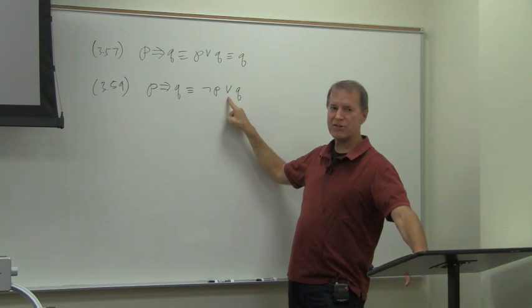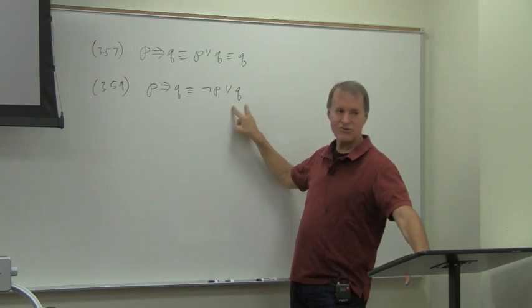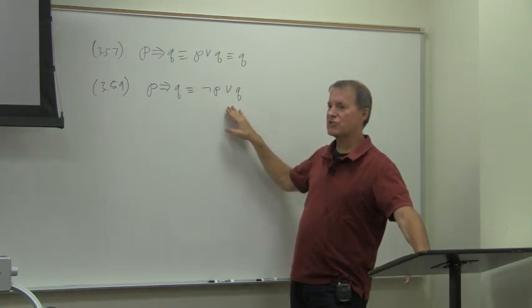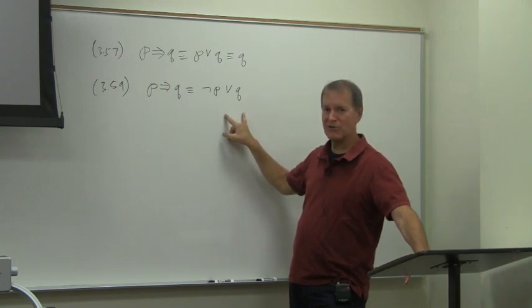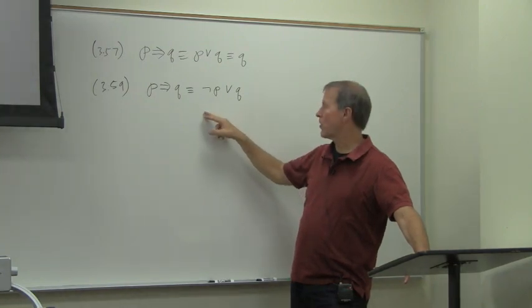This is called a disjunct, and this is the other disjunct. Are you with me? The only way this whole thing can be false is if both disjuncts are false. If one or both are true, then it's true, right?